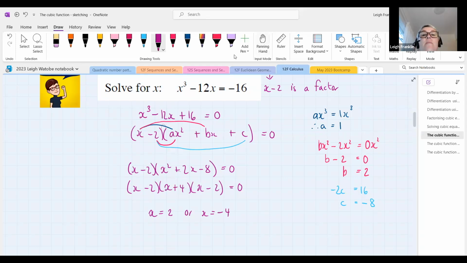Okay, because the bracket x minus 2 is repeated. So even if a bracket is repeated, it's still only one solution because the solution is the same. There we go. Now that means something very specific for us, but I'll get into that a little bit later or maybe in the next lesson with you. Don't know if I'm going to be able to explain that today.